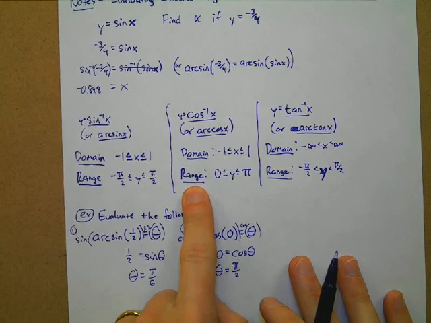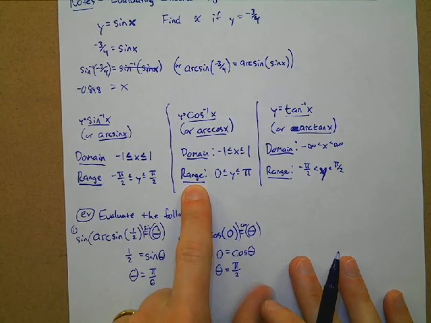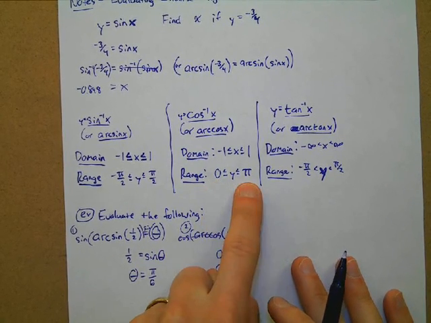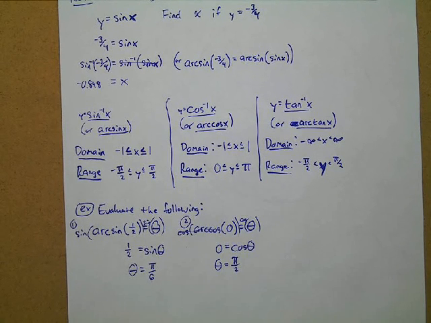Now, another good question might be, why is the range limited to 0 to pi? Why don't we just say 0 to 2 pi? Well, for cosine, we include that first quadrant because that includes all the positive values of cosine. Cosine starts at 1 and then goes down to 0. Then we include quadrant 2 because that includes all the negative values of cosine.